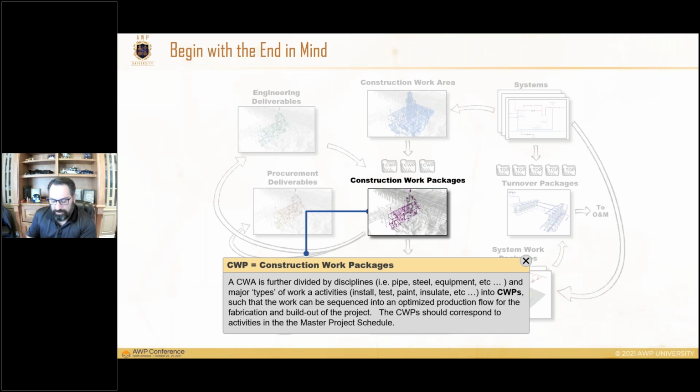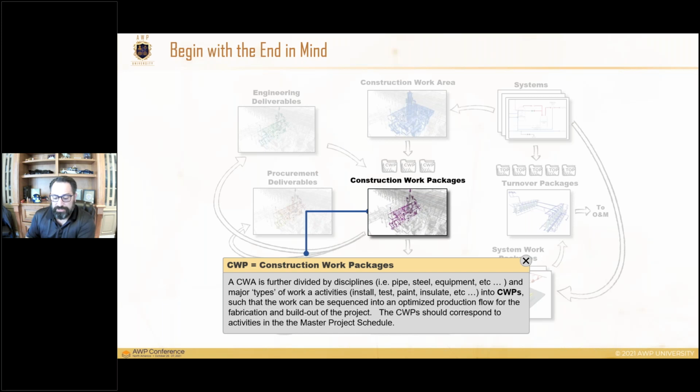But furthermore, those construction work packages are going to be very paramount. They are going to tie on a one-to-one relationship to the level 3 schedule nodes. When I say a level 3 schedule node, just to clarify the general terms for schedule levels: a level 1 is really the entire project, start to finish on the entire project.